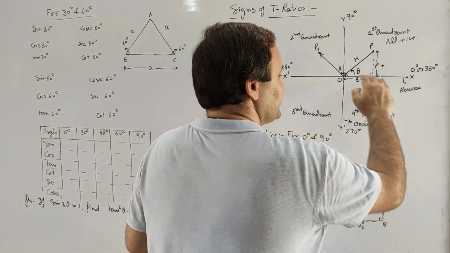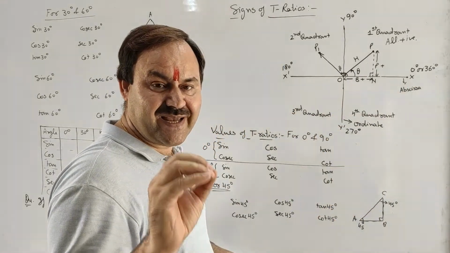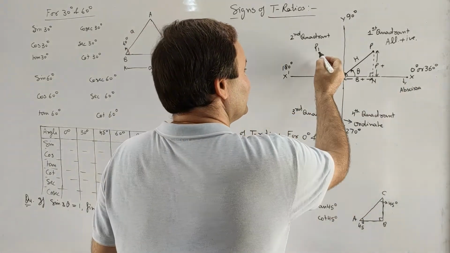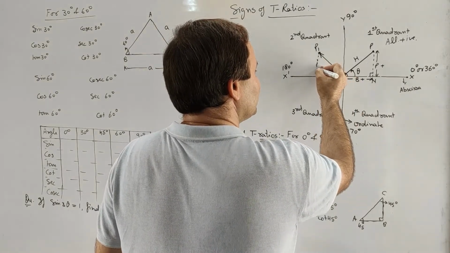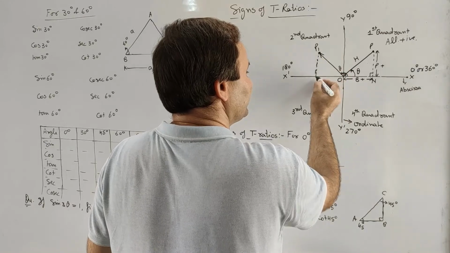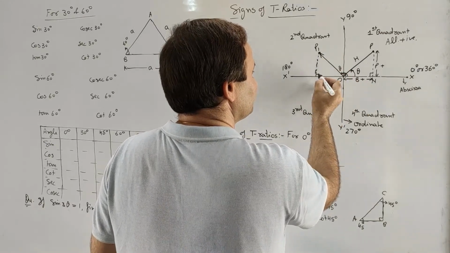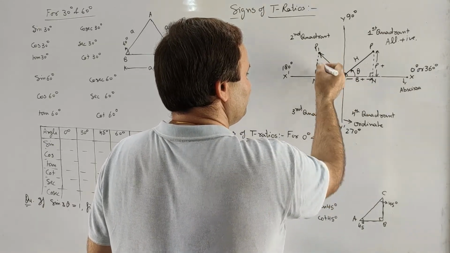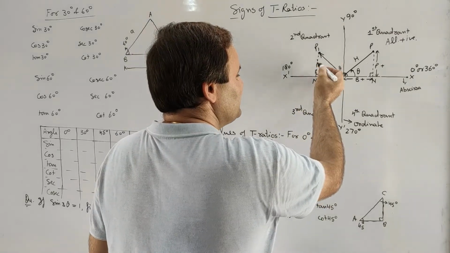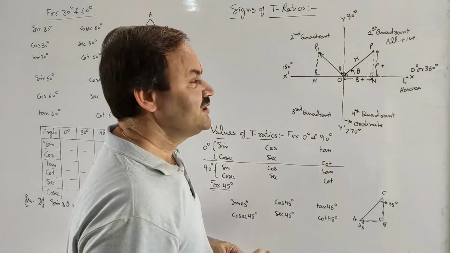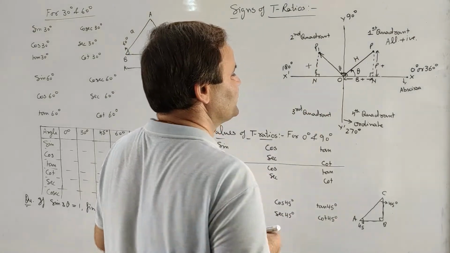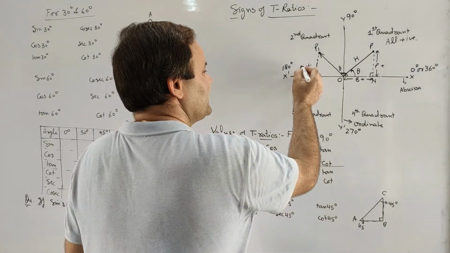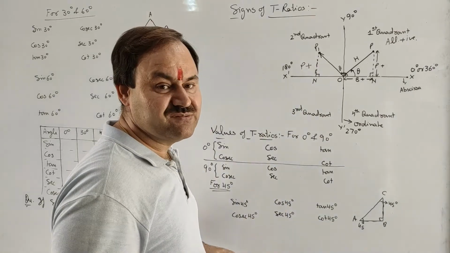But since the reference line is x-axis, the angle being obtuse, the perpendicular from the vertex on the base will be P1N, and this P1N, being along the positive y-axis, will be positive, that is, perpendicular is positive.